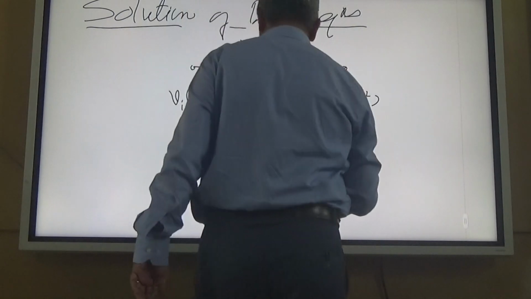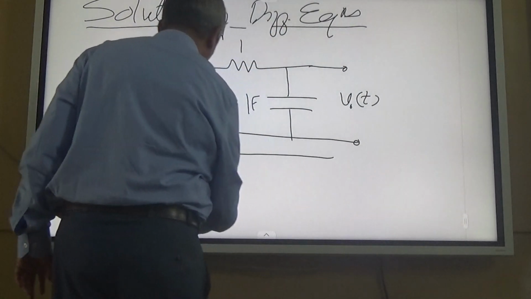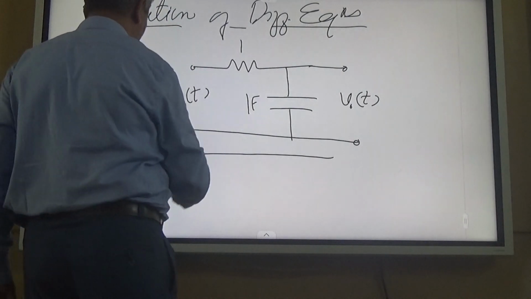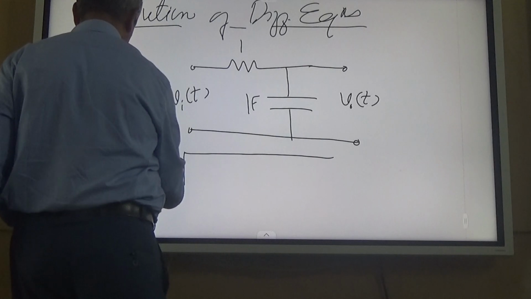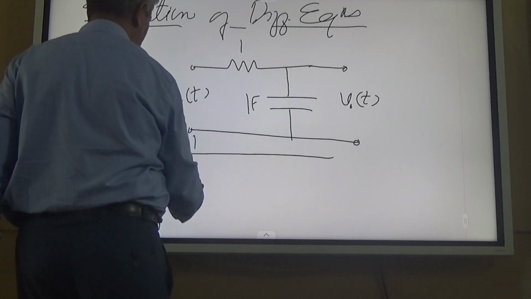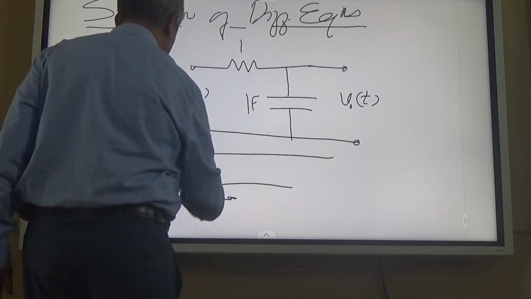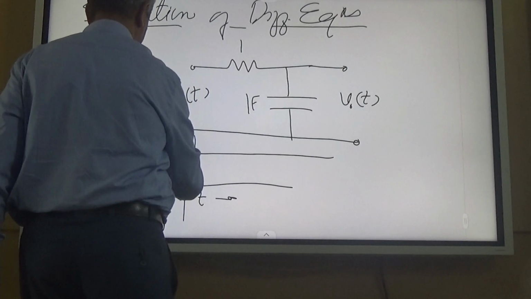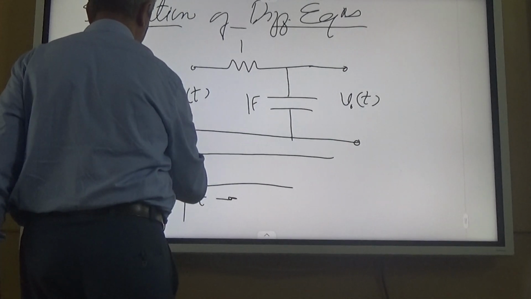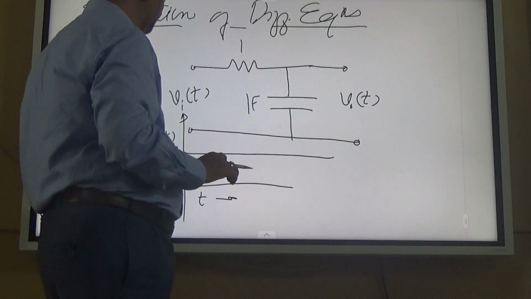So if you are able to plot a well-known, defined graph, this is u(t), on the t axis and the v axis, and at t equal to 0 it becomes 1.